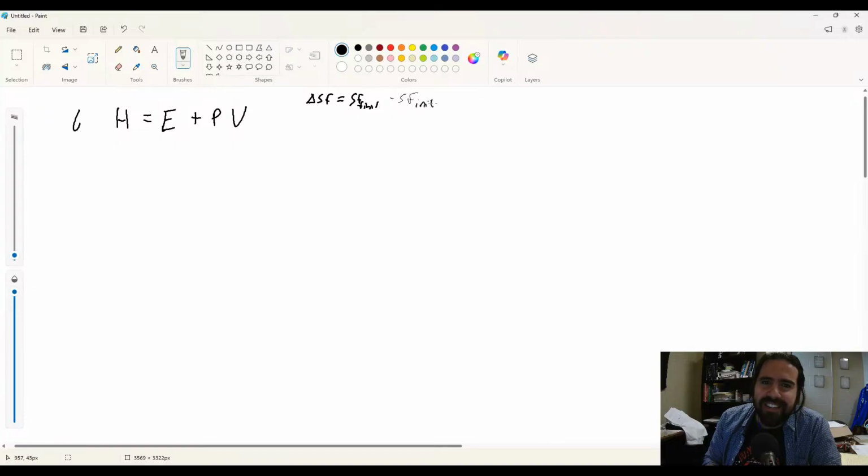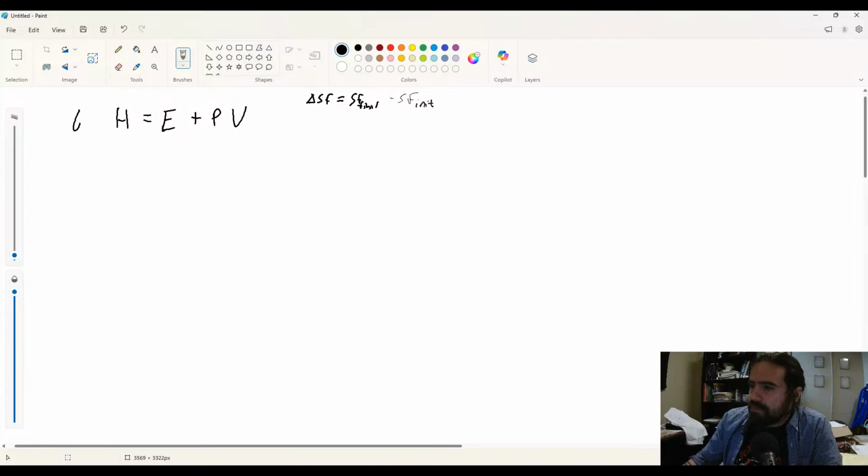So we have this delta, this change in the state function, which is equal to the state function final minus the state function initial. That's what we really like when we're talking about state functions. And each one of these, E, P, and V, is a state function. So enthalpy is a state function of state functions.